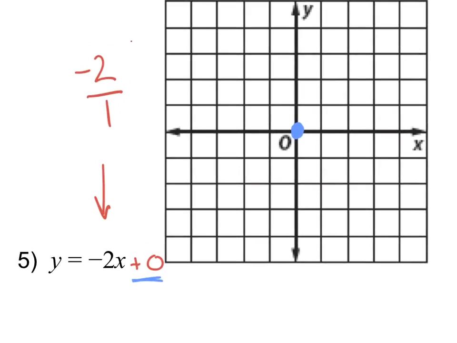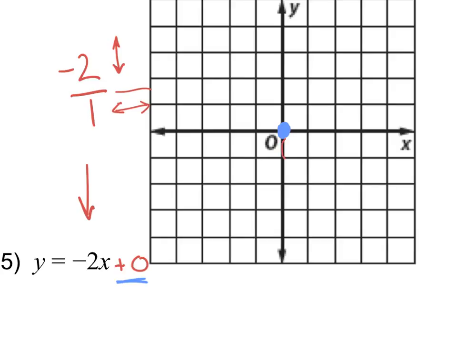Now I'm going to use this slope to do my vertical change and my horizontal change so I can make one more point. Since it's negative 2/1, from that blue point, I'm going to go down 2, because that's my vertical change, and go to the right 1 and make a new point.